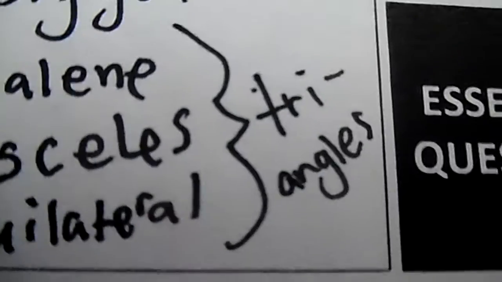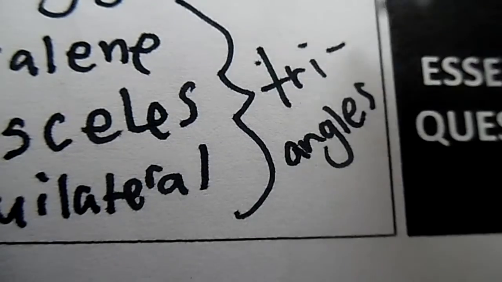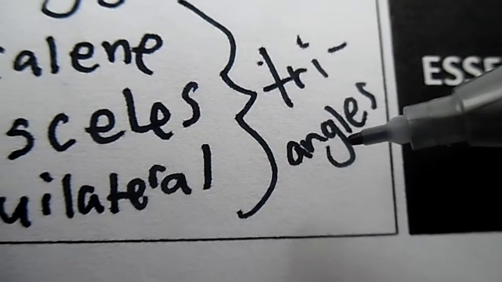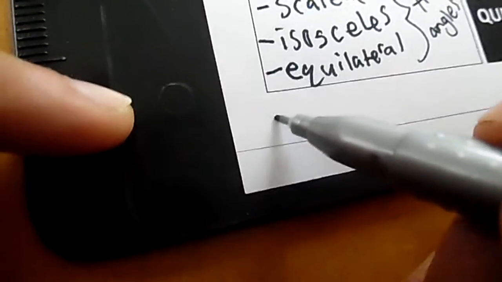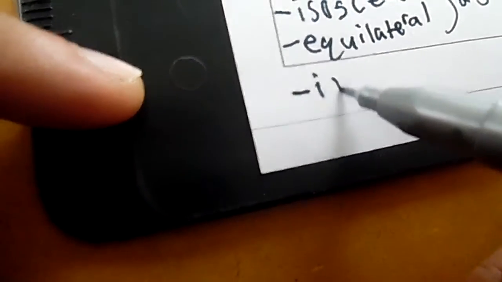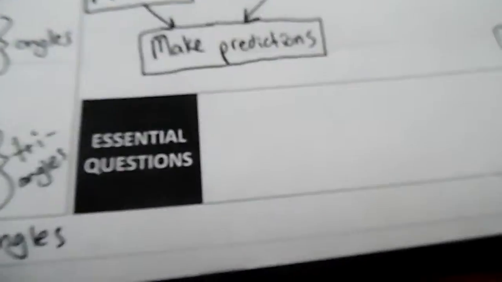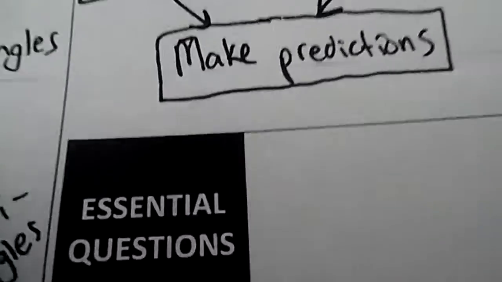If you see here, a triangle literally means three angles. Try three, angles three. So a triangle has three angles. And one more word is called interior angles.